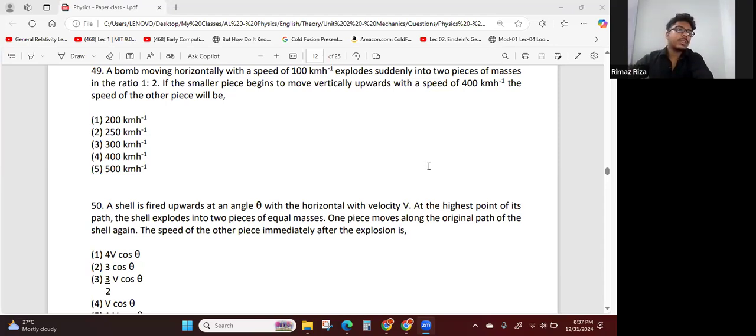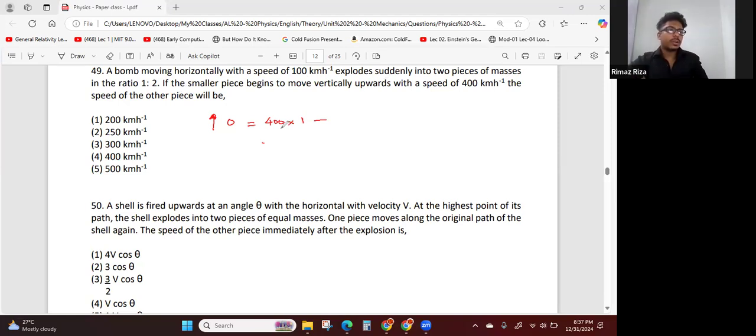A bomb moving horizontally with speed of 100 km explodes suddenly into two pieces of mass in the ratio 1 to 2. So I consider the momentum conservation in the vertical direction. Initially 0 in the vertical direction, equals 400 into the smaller piece into 1, minus, the mass ratio is 1 to 2.